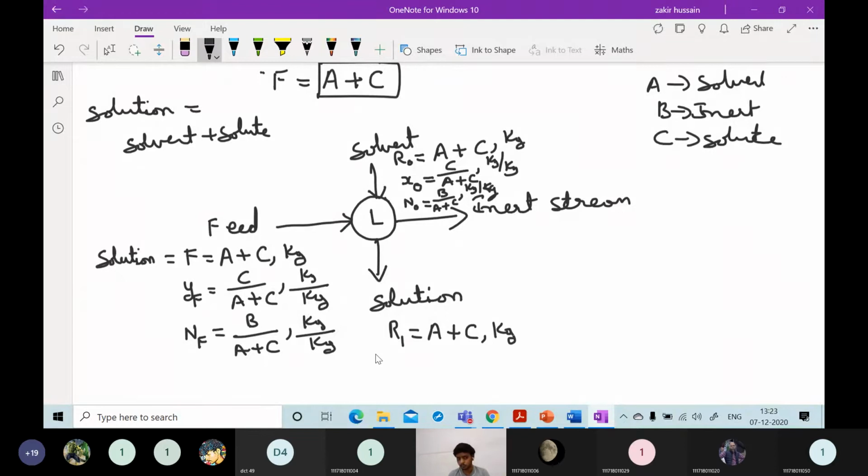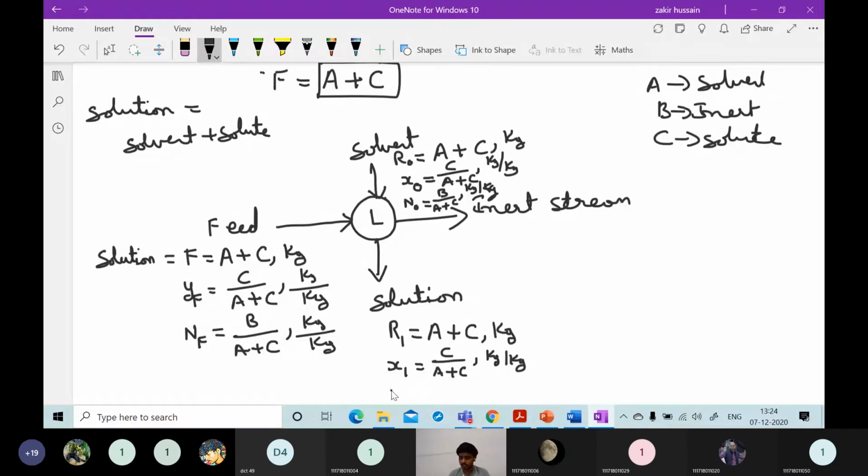Then in order to take care of the solute composition in the solution phase, we denote it as x1 on completion of one stage. Here it is x0 because it is the input, and on completion of one stage it will be x1. So x1 is equal to the weight fraction of solute with respect to solution, on a B free basis. So B we are not taking into consideration at all. The units are kg per kg.